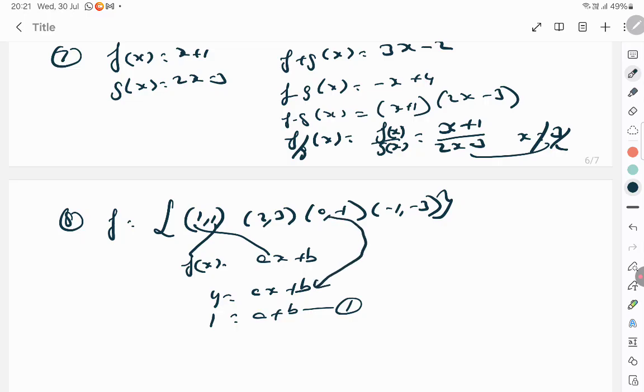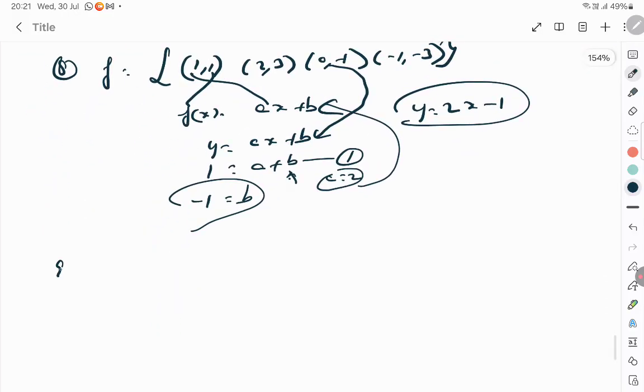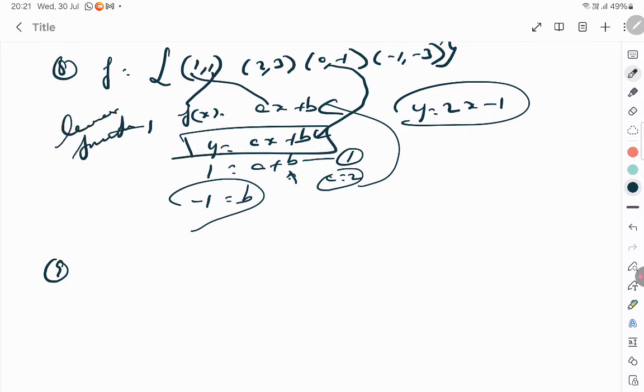Take this and substitute next because it's easy. y is minus 1, x is 0, so b is equal to minus 1, so a is equal to plus 2. On finding this, substitute it back here, y is equal to 2x minus 1. It's the same question as the example. There, they didn't even give you this, they just said linear function. Linear function means you should memorize y is equal to ax plus b.